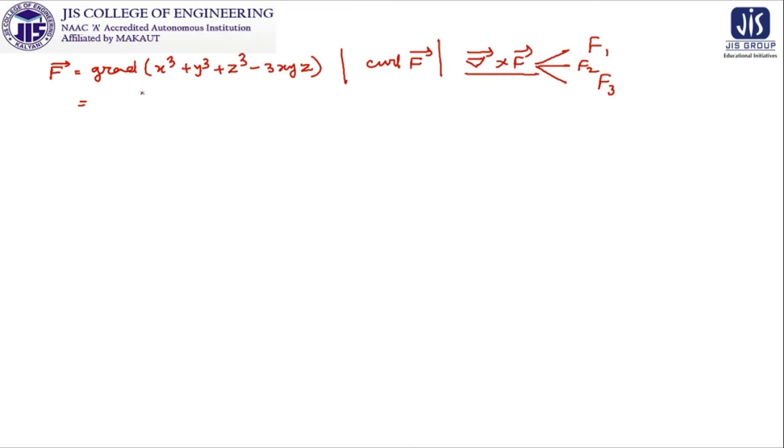I am not going to show all these steps over here. You just have to apply del on your given scalar point function x cube plus y cube plus z cube minus 3xyz, and obviously as del has the components i, j, k, it will come as a vector, and then we extract f1, f2, f3.